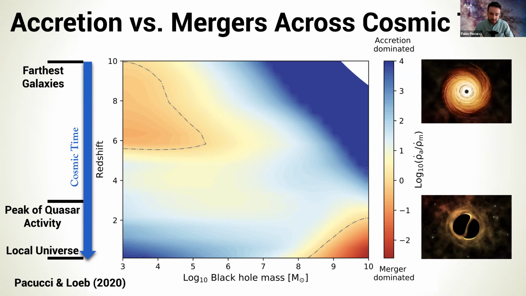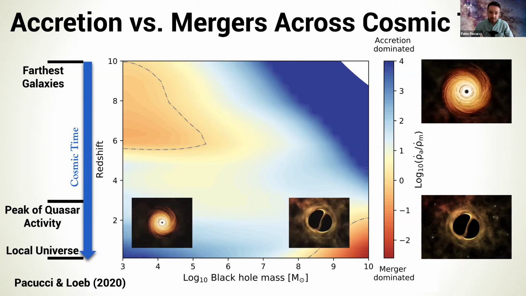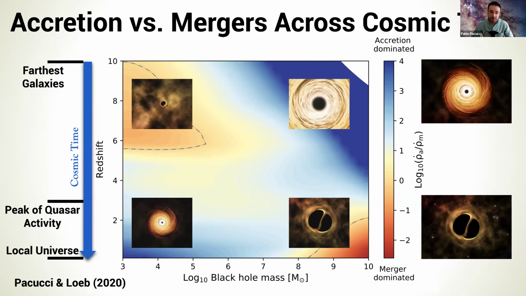So our model basically predicts that fairly small black holes in the local universe add more mass by accretion than mergers, and very large black holes mostly add mass via mergers instead. In the faraway universe, in the distant universe, the opposite is true. Small black holes mostly add mass via mergers. Instead, large black holes mostly add mass via accretion.